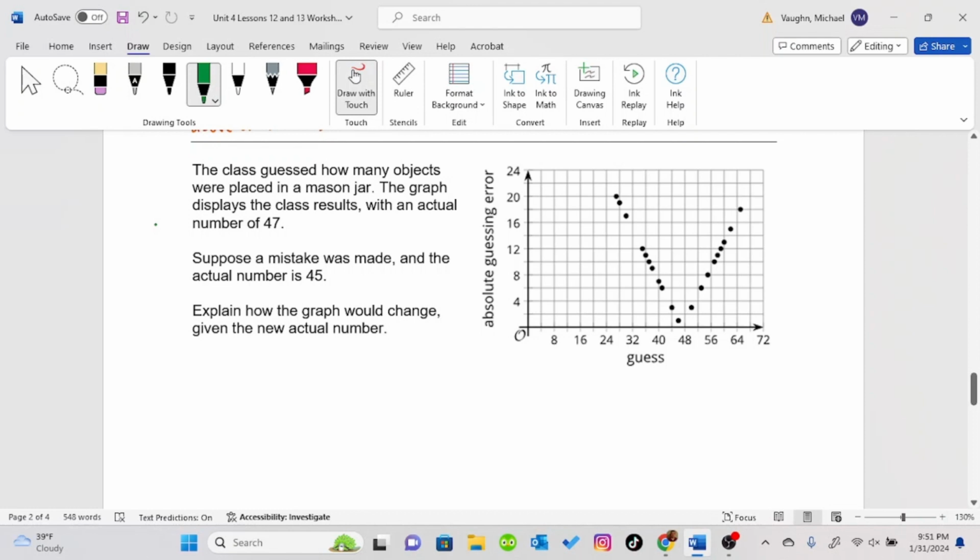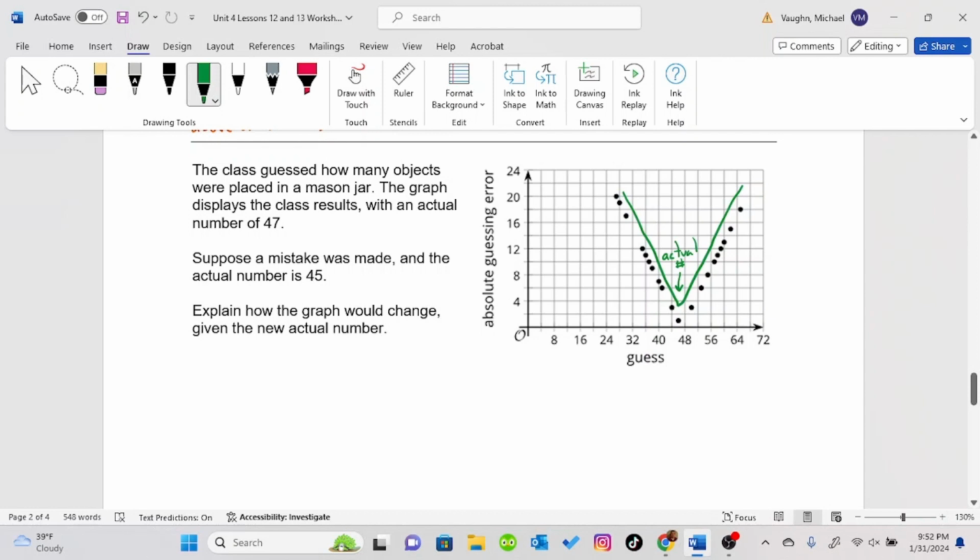Anytime we are graphing absolute value functions, we will always get this V shape. Because we're going to have an actual number right in the middle, and then the guesses below and above the actual number will be the same positive distance away.